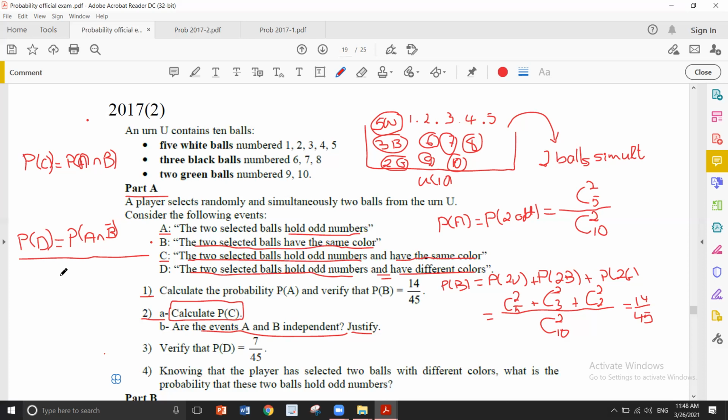What is the rule of total probability? Probability of A minus probability of A intersection B. Good. We have a rule that says probability of A equals probability of A intersection B plus probability of A intersection B bar.